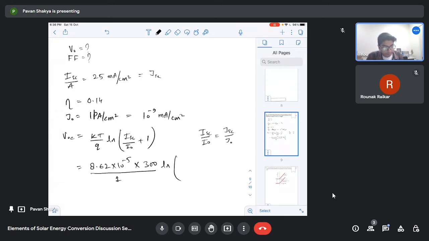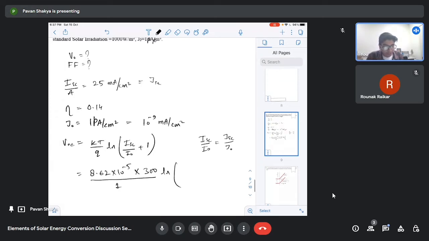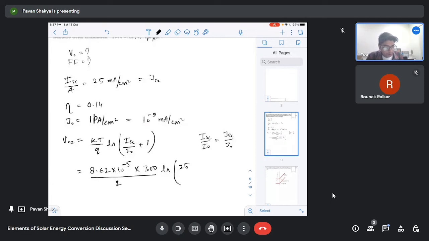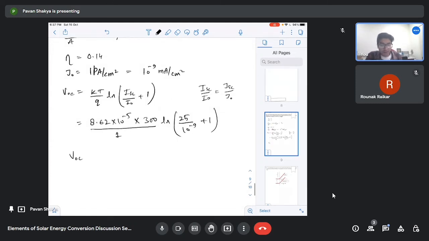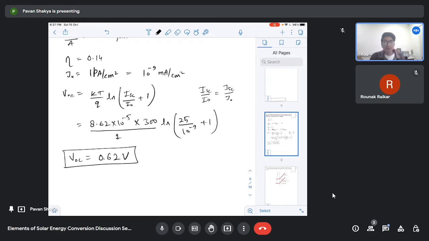Okay. So this JSC value is given as 25, the I naught is 10 to the power minus 9, and plus 1. So when you solve, you will find that this VOC value comes out to be 0.62 volt. Okay, so that has been asked in the problem.